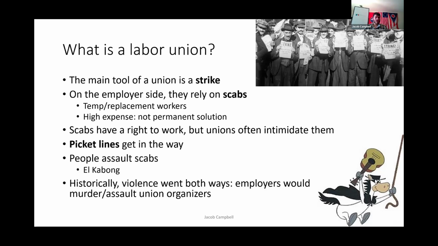And if you want to watch a really good movie on this, one of your extra credit movies, Matewan, deals with a real world shootout that grew out of this. Yeah, that's a really fun one. One of the best Hollywood shootouts I've ever seen. But yeah, this is happening on both sides.